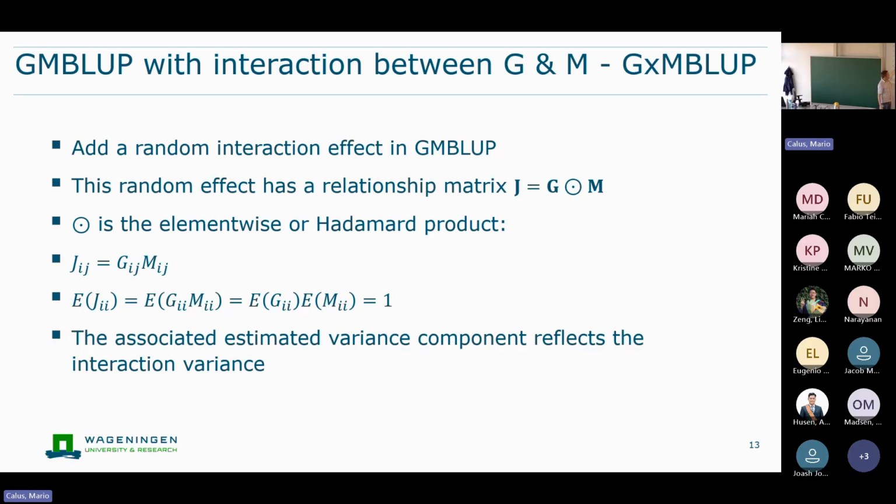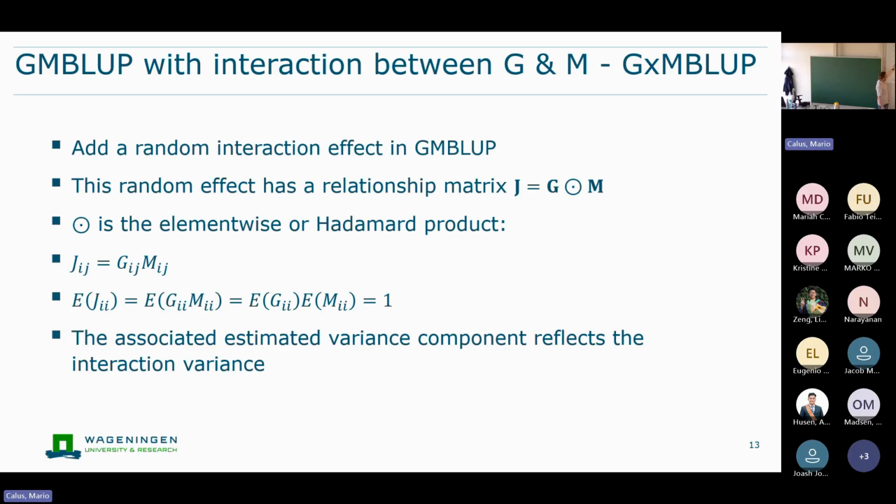What I said before is that for the M matrix, we want the diagonal elements to be 1, so we can interpret the variance that we estimate for the M component. And the same holds here for the matrix J. We want to tune it such that the diagonals on average have a value of 1.